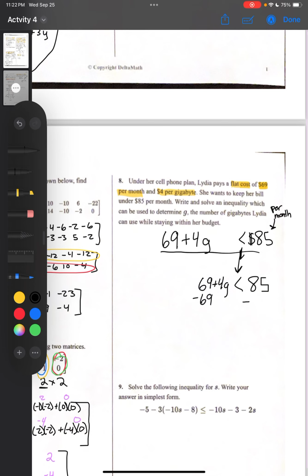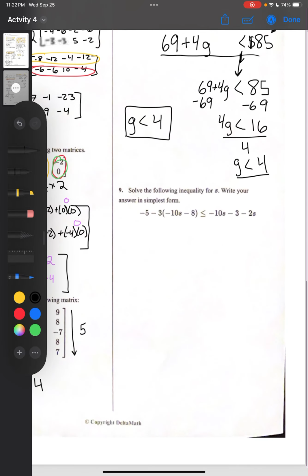Subtract that 69. 4G is going to stay less than 16. Divide by that 4. G is less than 4. So she needs to use less than 4 gigabytes per month. So that right there is just the answer.